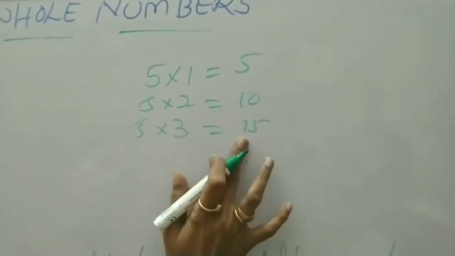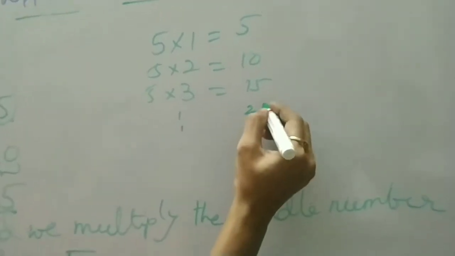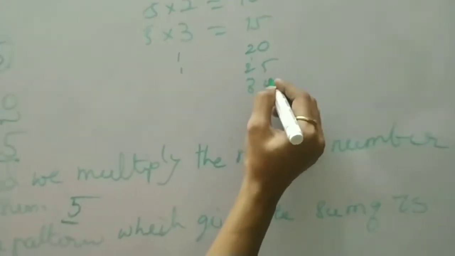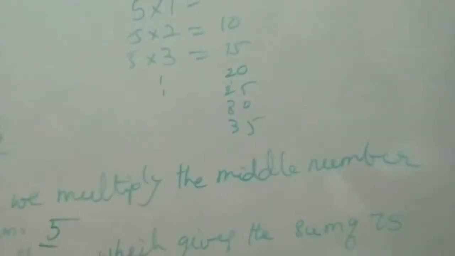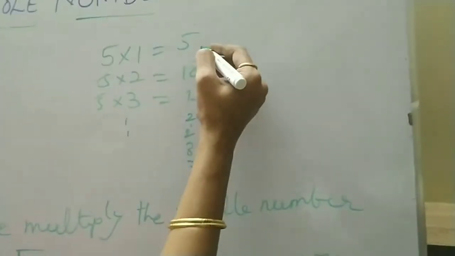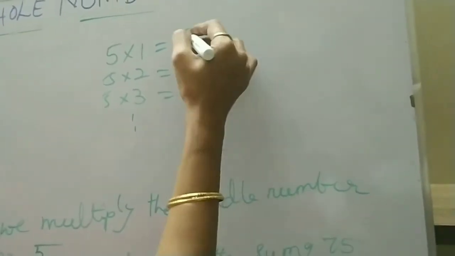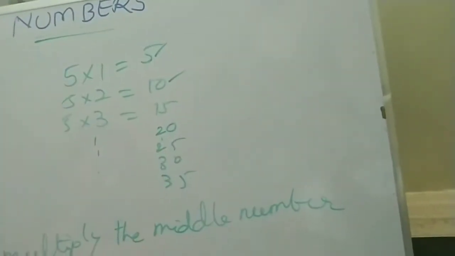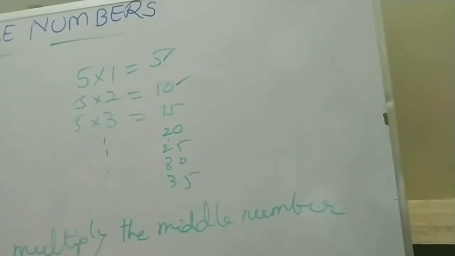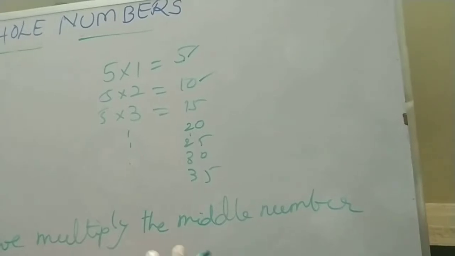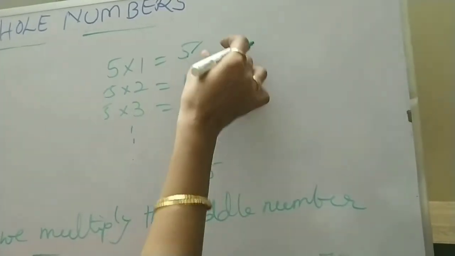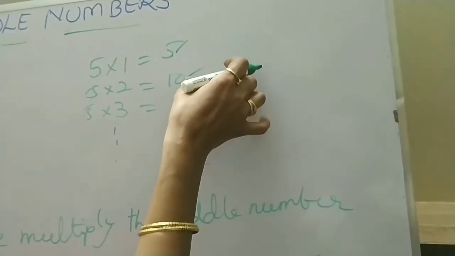Like that you will get 20, 25, 30, 35. That means the ending number is 5 or 0 throughout the fifth table. So whenever you multiply with 5, you get an ending digit of 5 or 0.